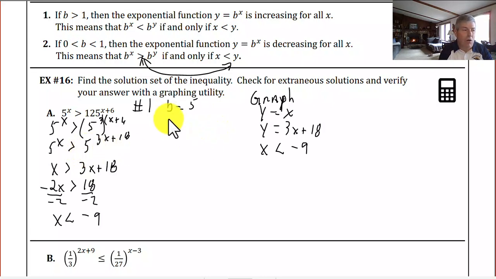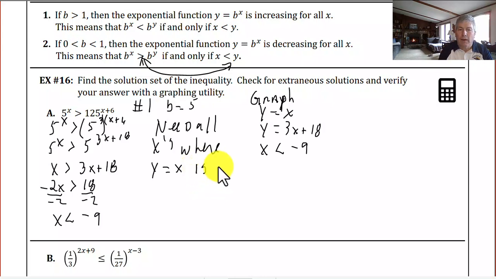So we need all the x's where y equals x is greater than y equals 3x plus 18. So we're going to graph these as inequalities in our graphing calculator, and I'll show you how to do that.